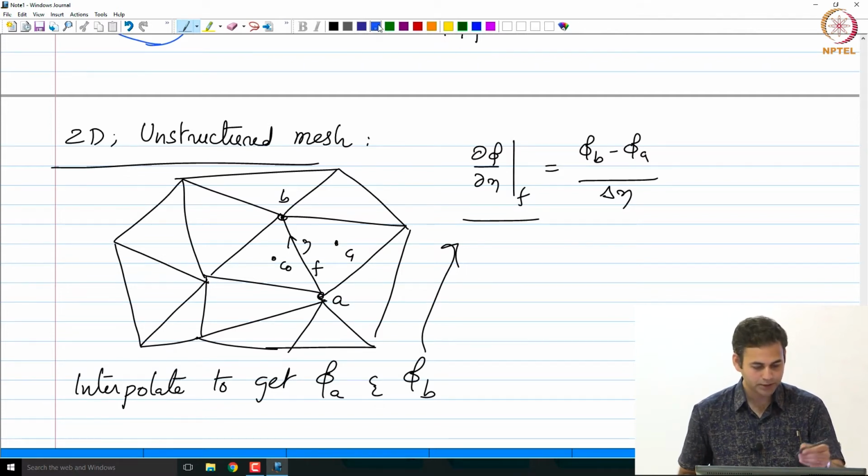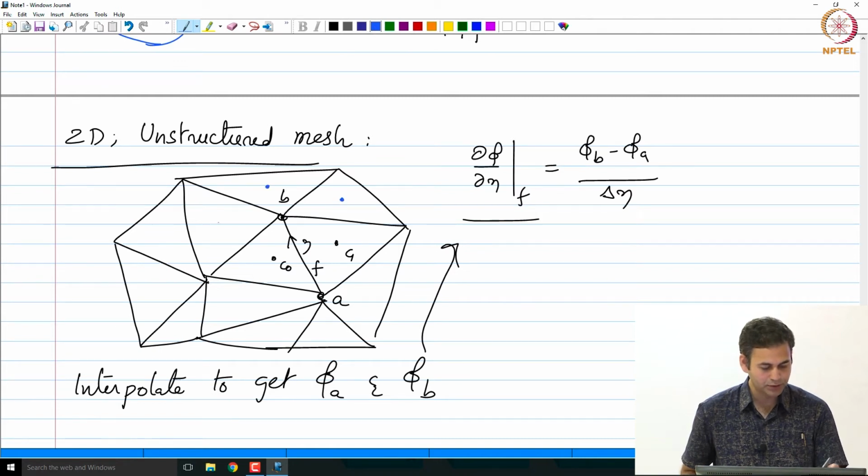How do I interpolate is the question. So, I have cell values stored here. Let us say I am talking about phi b, then I have these cell values. I somehow have a generic 2-dimensional interpolator which will interpolate these and calculate what is phi b. It need not be symmetric, it depends on whatever is the delta r bar that you have with this, and then you would have another delta r bar and so on.